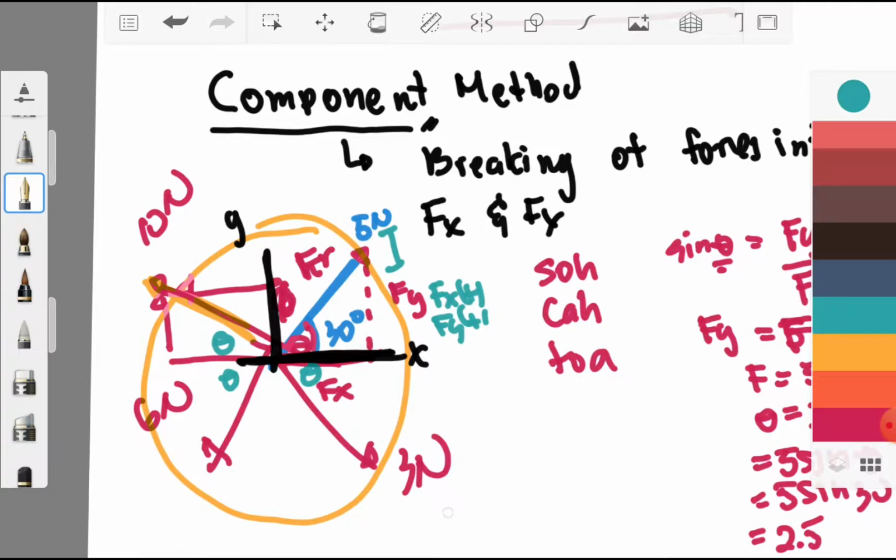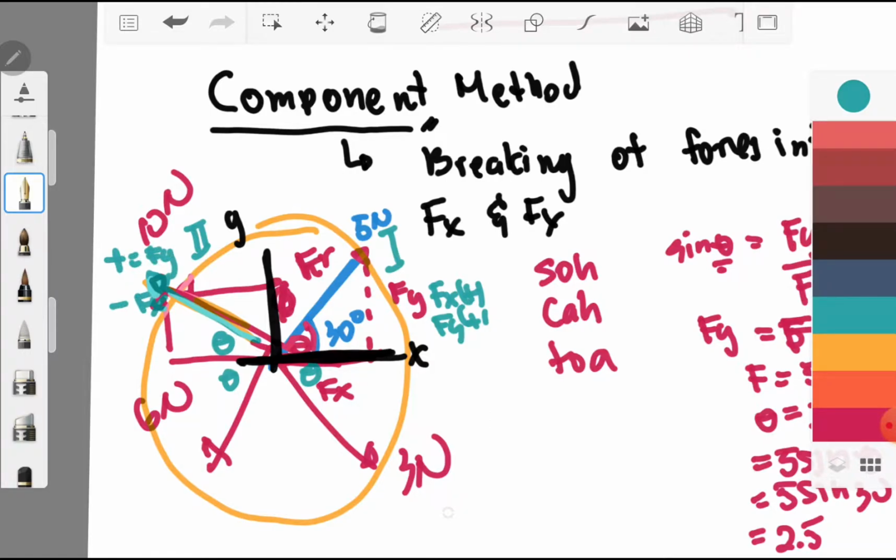Always take note that the sign configuration will be based on the direction of your forces. So if it is at this second quadrant, and your arrow is going up, you have a positive fy but a negative fx.